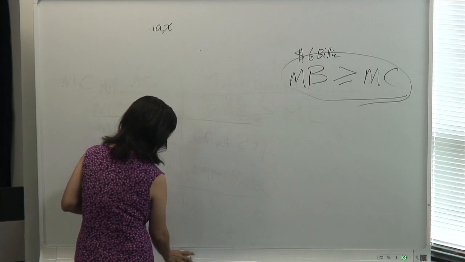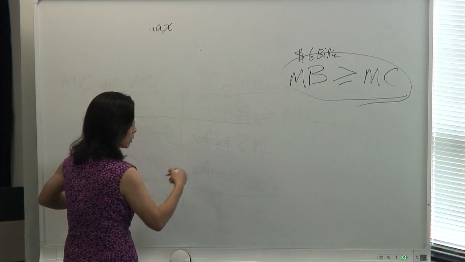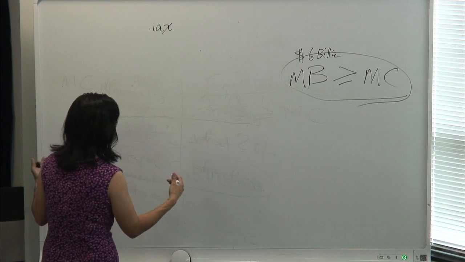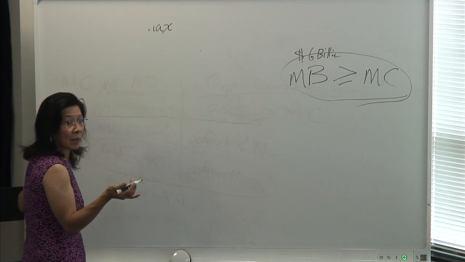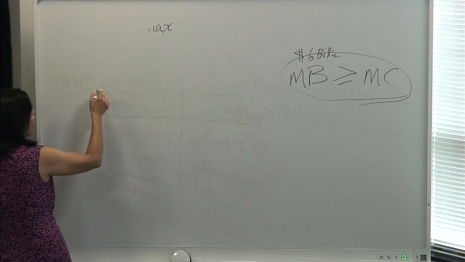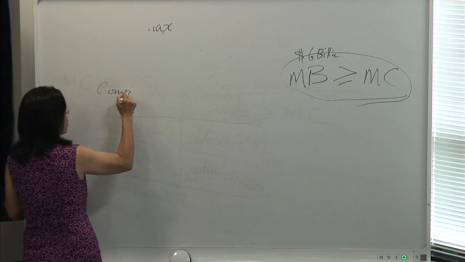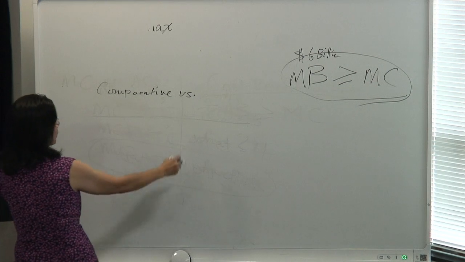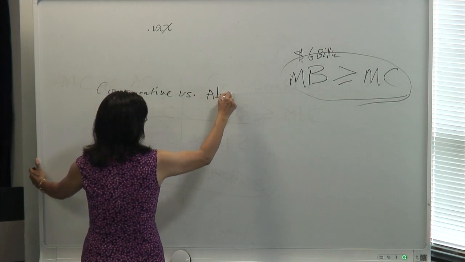That's the main question that we want to answer. Later on we're going to talk about international trade, and how this economic concept relates to big things in international trade. So it has something to do with comparative versus absolute advantage.